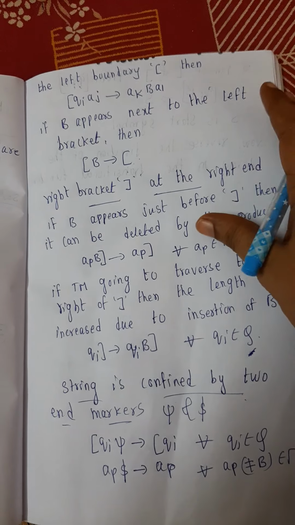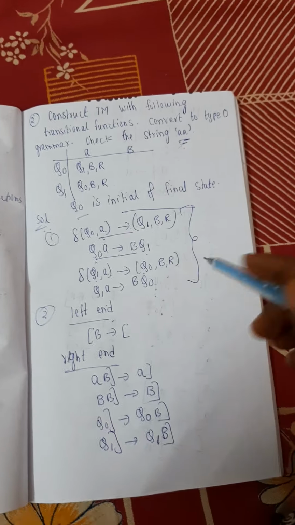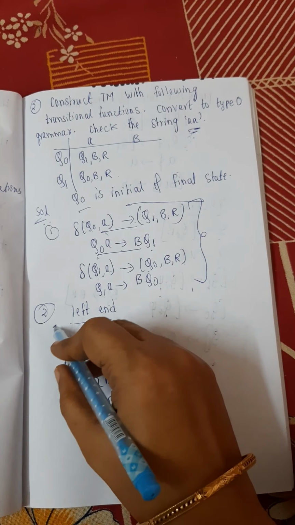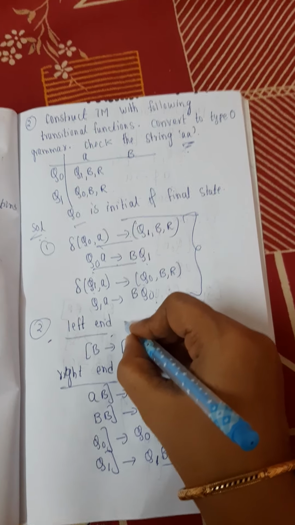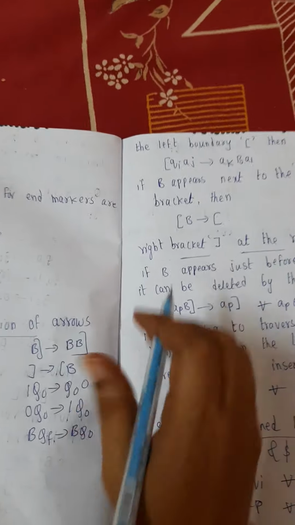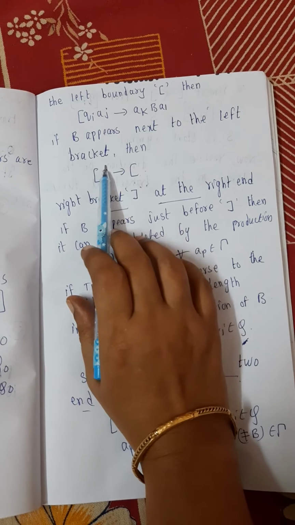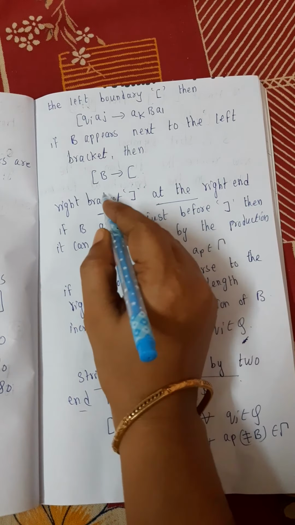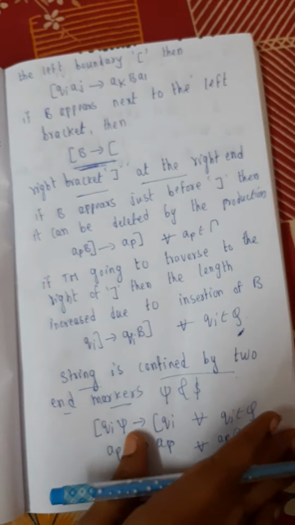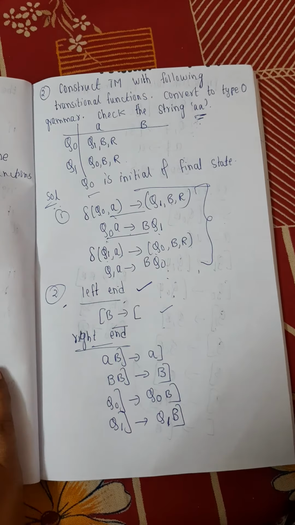The first step we have completed. Now we are coming to the second step, change in the length, where we consider the left hand marker. If B appears next to the left bracket, then this is the production you have to take. This is the production for the left hand marker. Now coming to the right hand marker.